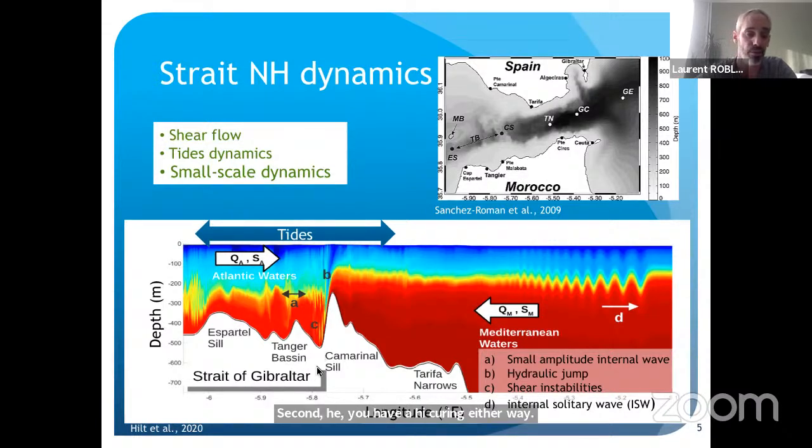C, here you have shear instabilities in the Mediterranean vein. And D, when the hydraulic jump is released during inflow conditions, you have an energy propagation eastward as a train of internal solitary waves here at the interface.